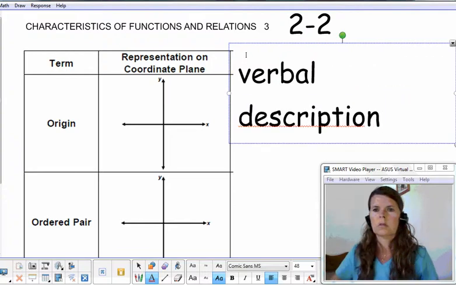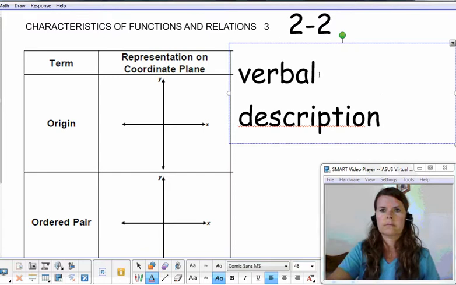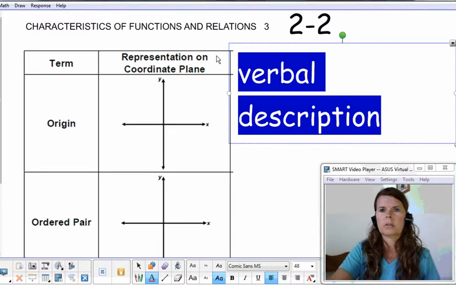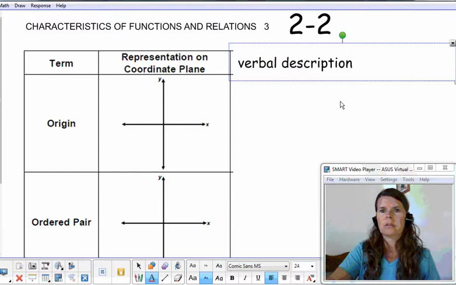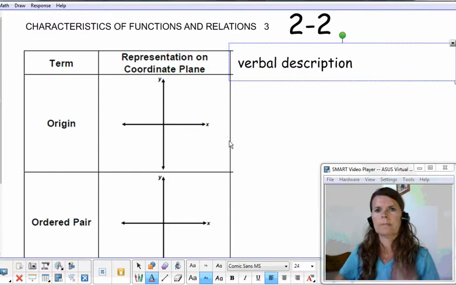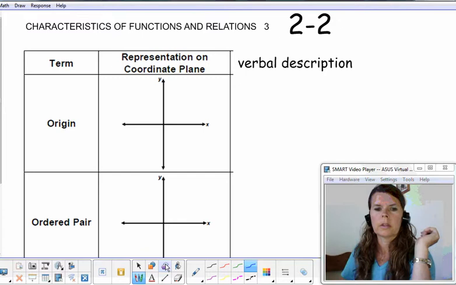So you can just write that in. I'm going to shrink this down a little bit. You should be writing while I'm shrinking. Okay, so this is going to be a verbal description of what the origin is, or whatever this word is right here.